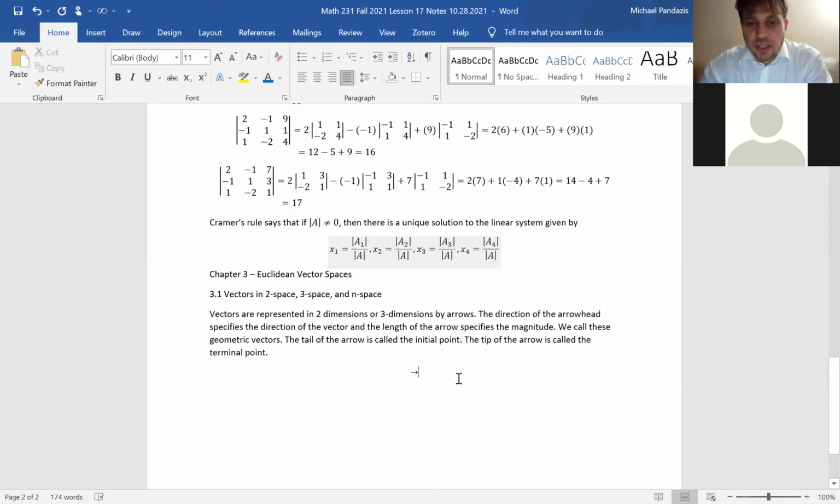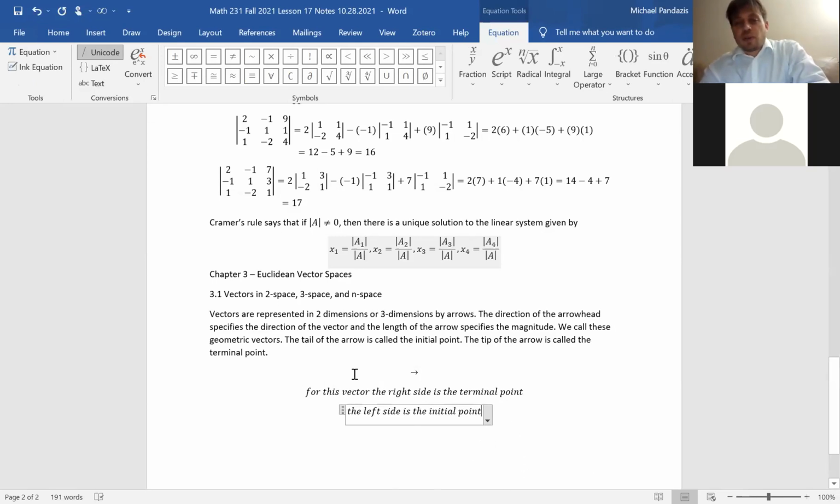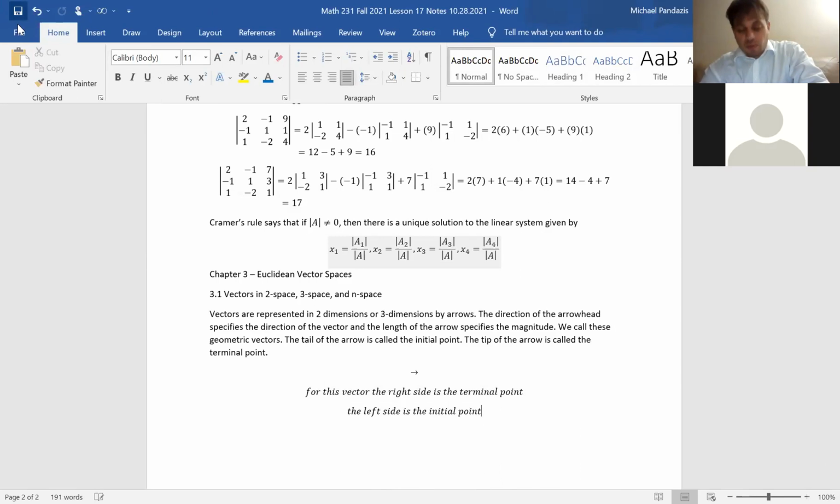If we had a vector that looked like that, the right side would be the terminal point, and the left side would be the initial point. It's not always right and left, but if the arrow is pointing to the left, then the terminal point would be to the left.